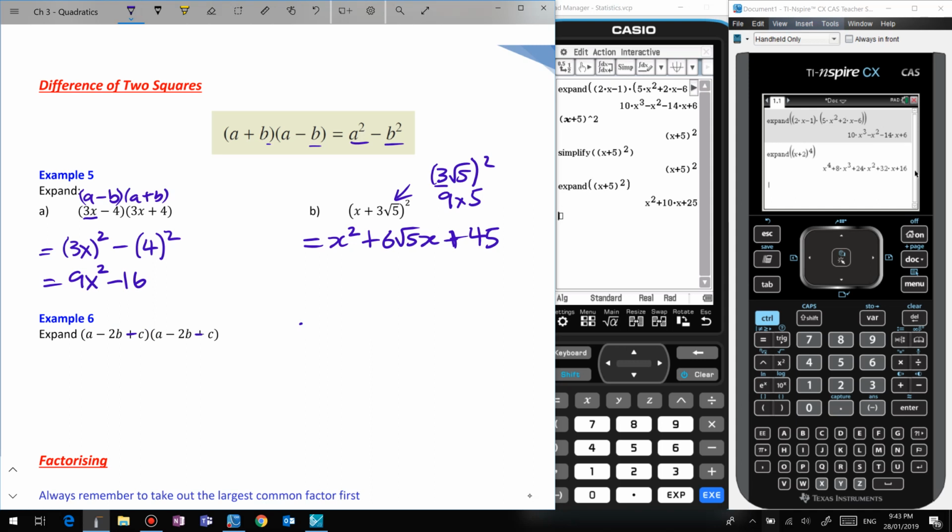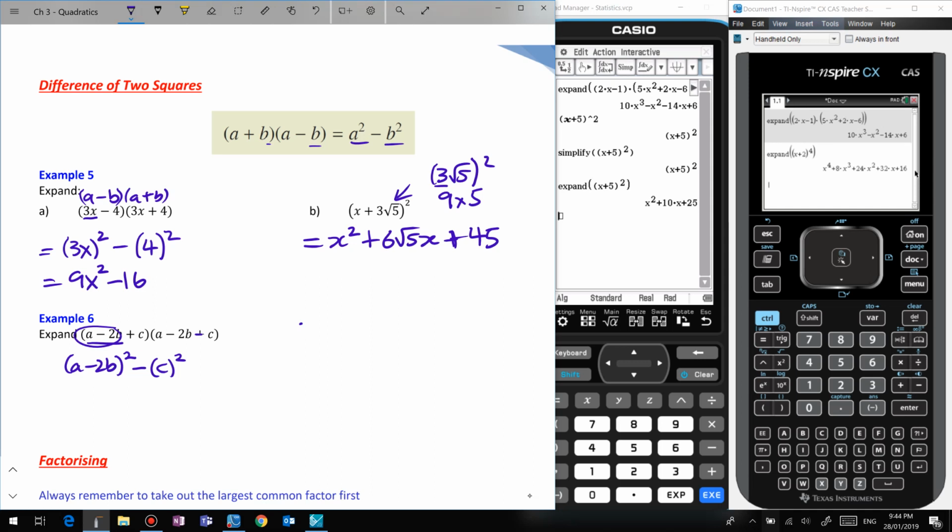So here I've got a minus 2b squared minus c squared, because that's a plus b, a minus b.